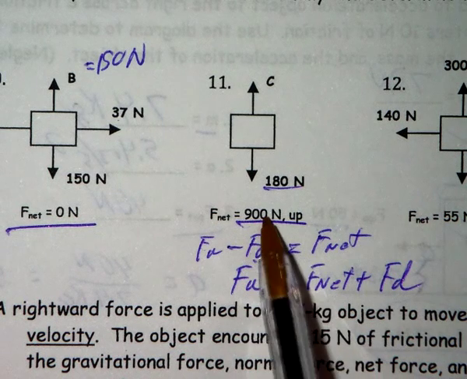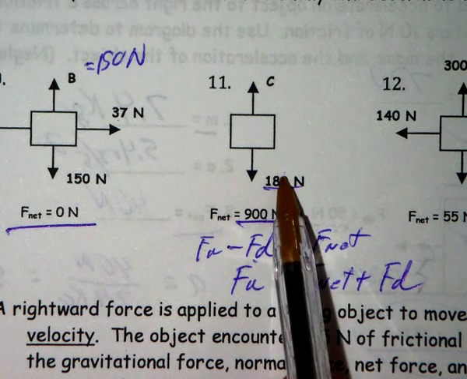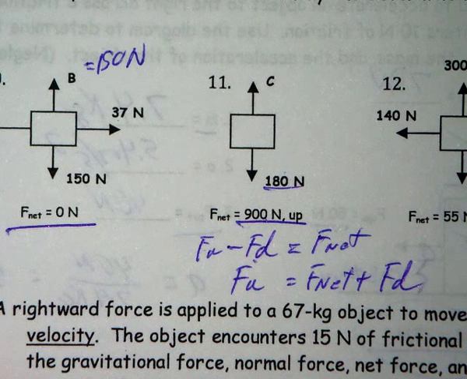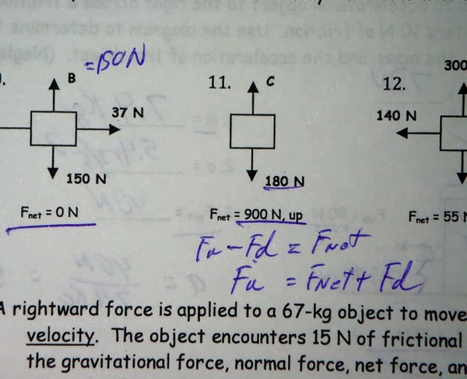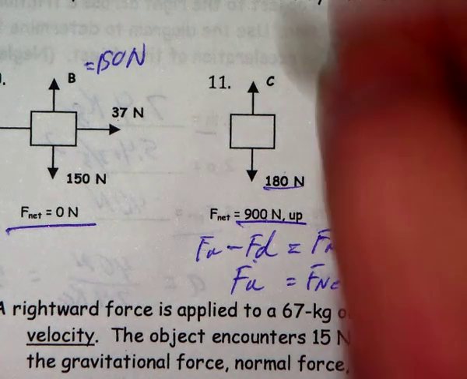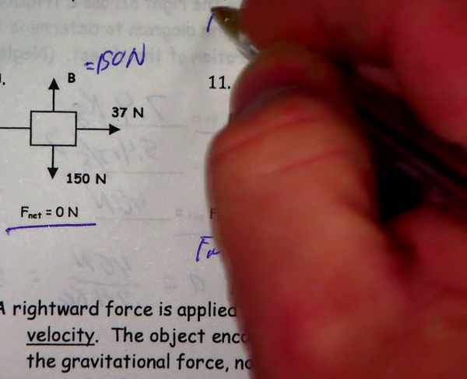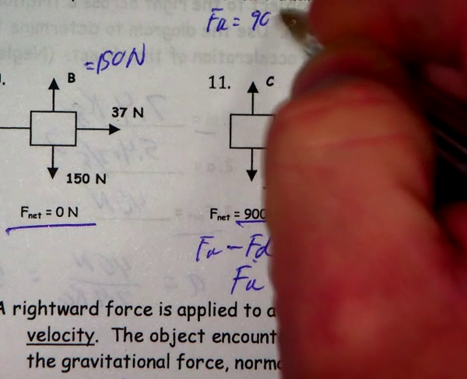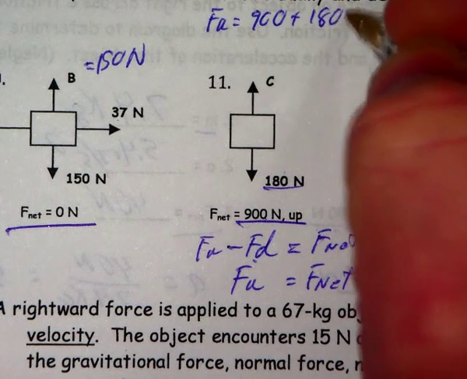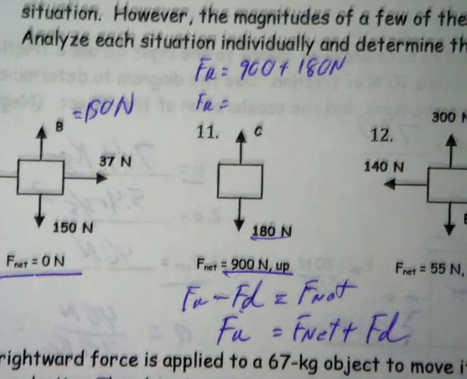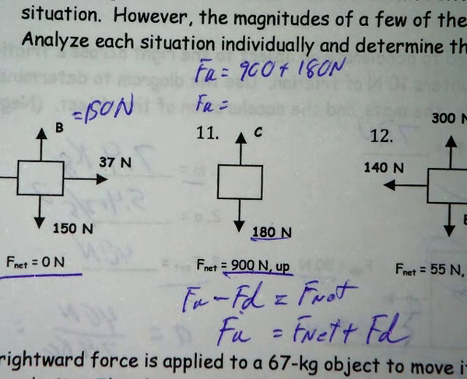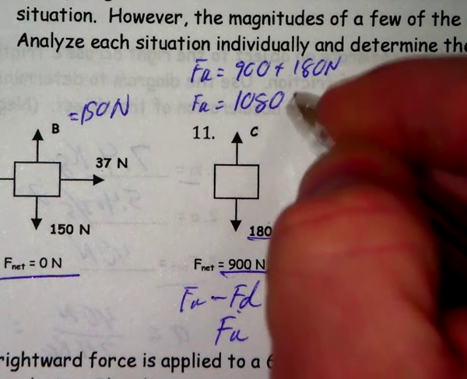So if my force net is 900 and my force down is 180, what's my total force got to be? It's got to be 1,080. Because if I do the force up equals 900 plus 180, 900 plus 180 comes out to 1,080 newtons.